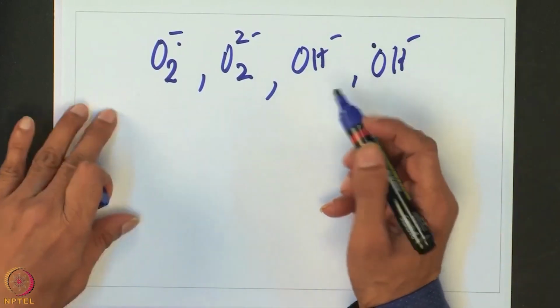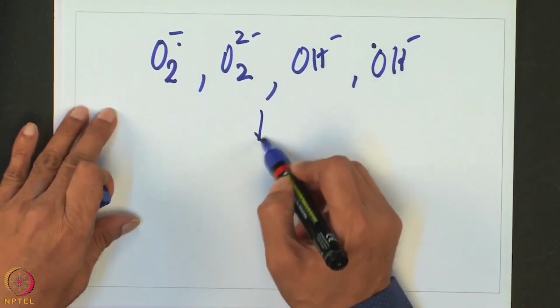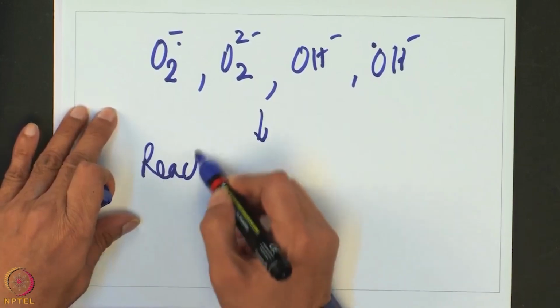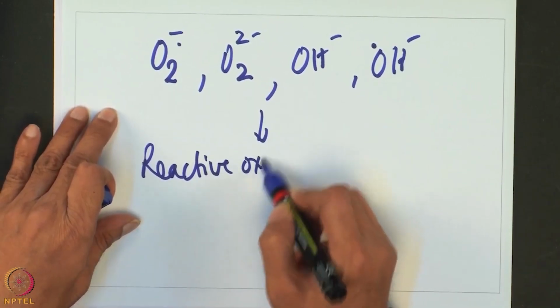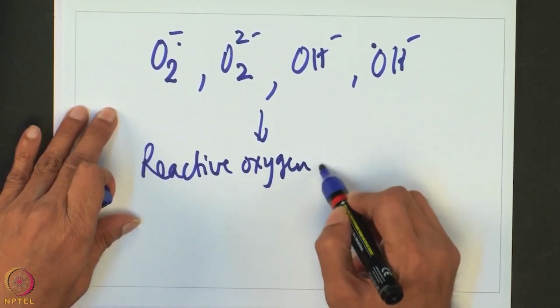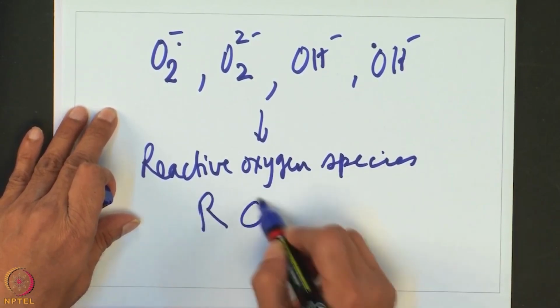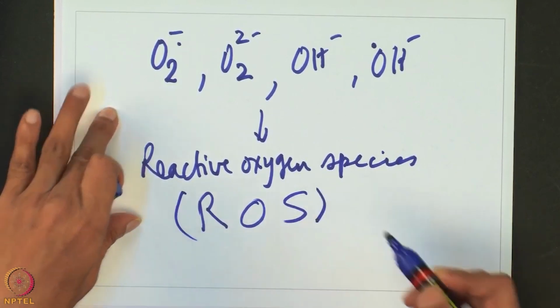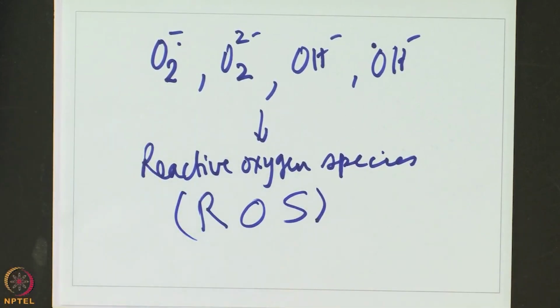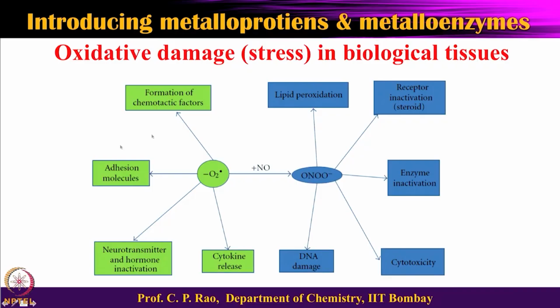All these kinds of things are called reactive oxygen species, which is written as ROS. Okay. So, I will be referring to ROS at different stages. ROS is a reactive oxygen species which causes damage to the cells and tissue, which is referred to as oxidative stress.